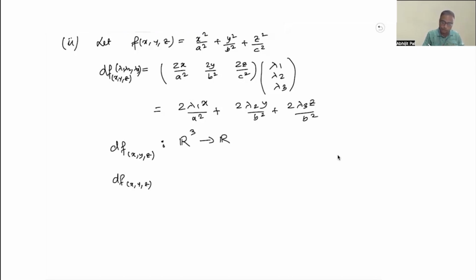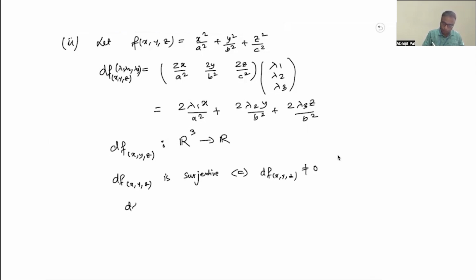So here the dimension of the domain space is 3 and the dimension of the codomain space is 1. So it is surjective if and only if this is not equal to the 0 map. Okay.